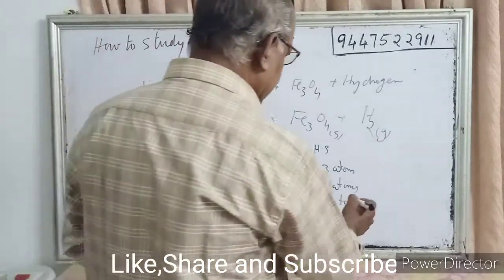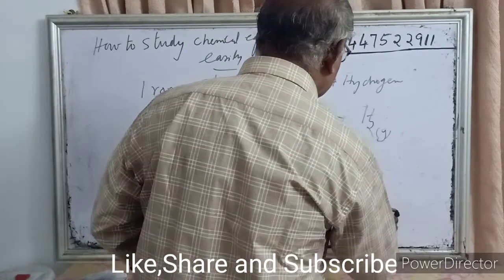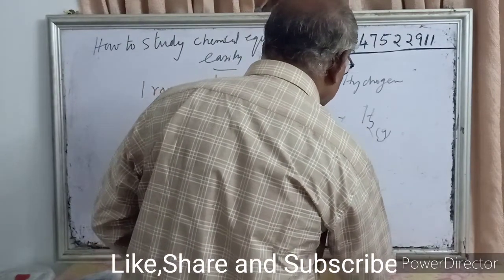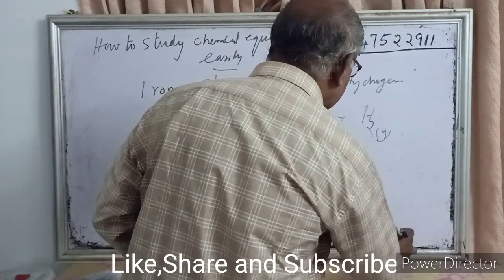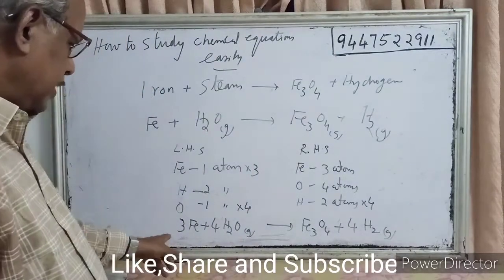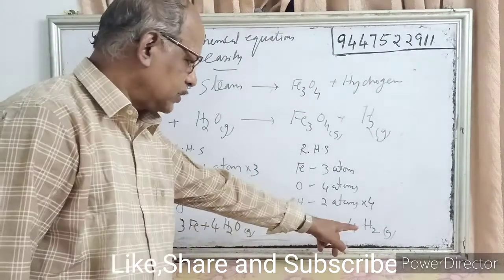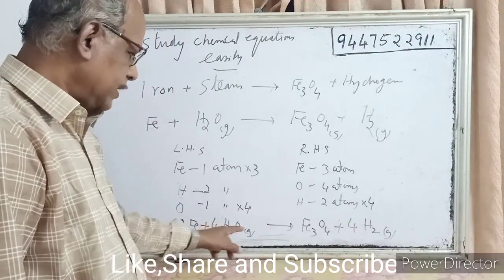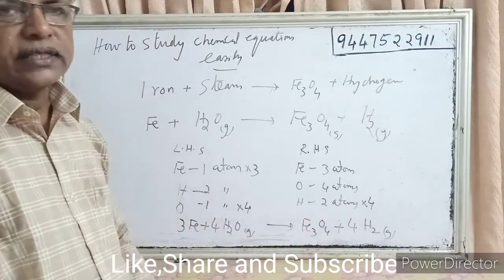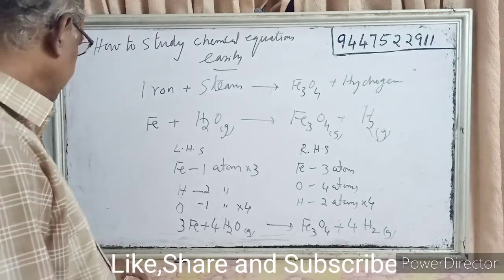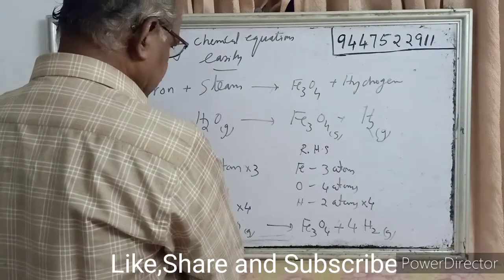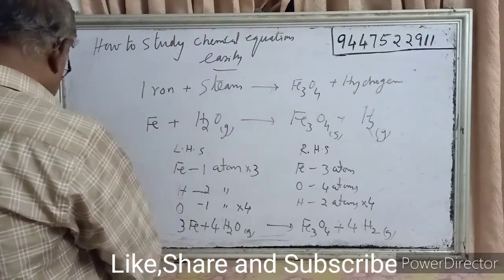So you have to multiply the hydrogen by 4. So 4H2. That is the balanced chemical equation. Now 3Fe, Fe3. 4H2, 4H2. O4 oxygen atoms, O4. So this is the balanced chemical equation for iron and steam giving iron oxide and hydrogen.